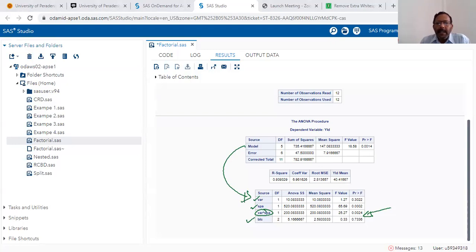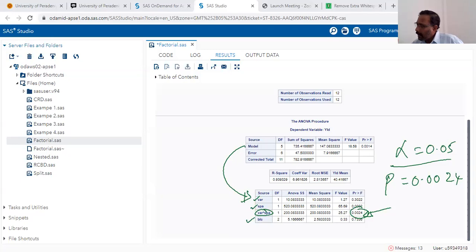Now, is there any interaction existing? Yes or no? Yes, there's a significant interaction existing. Why? Because here the p-value is 0.0024. If you take the alpha as 0.05, definitely alpha value is higher than the p-value, so it is significant.